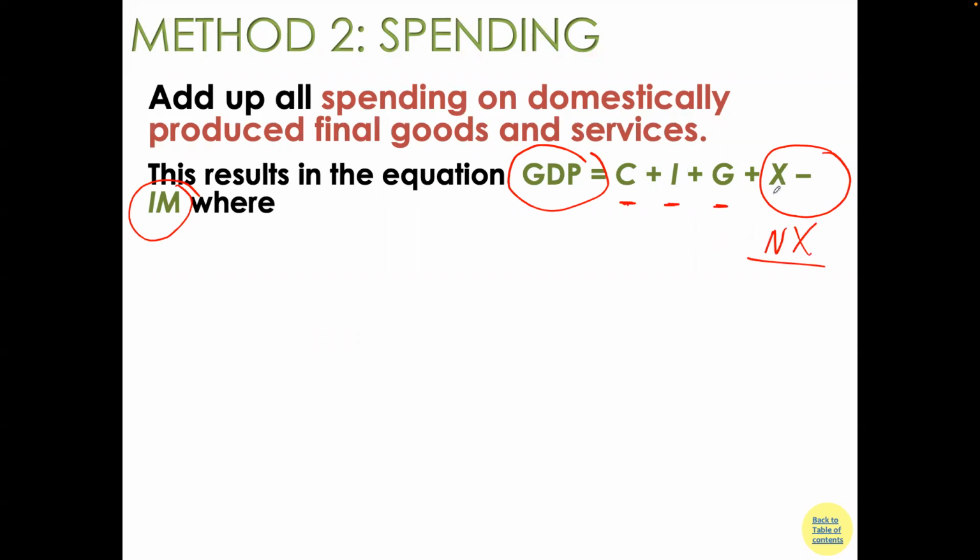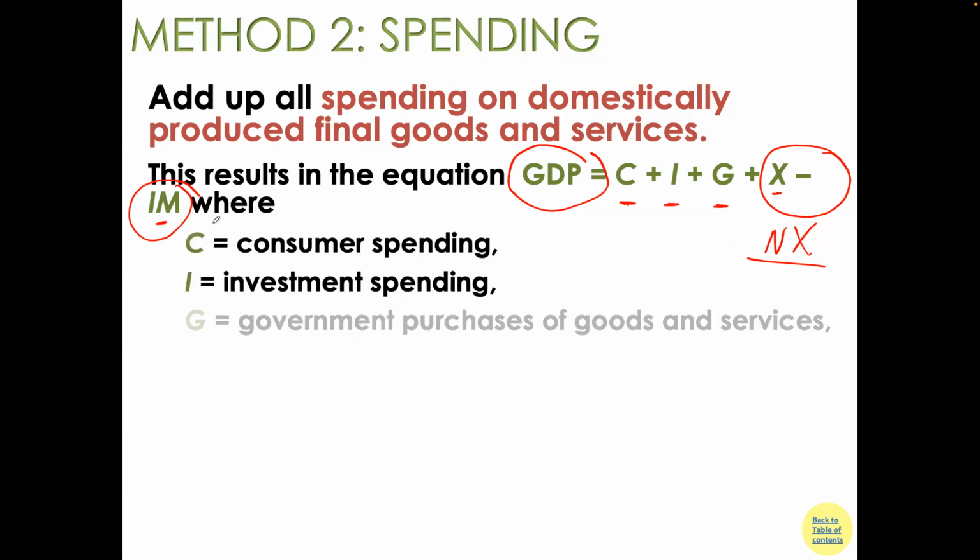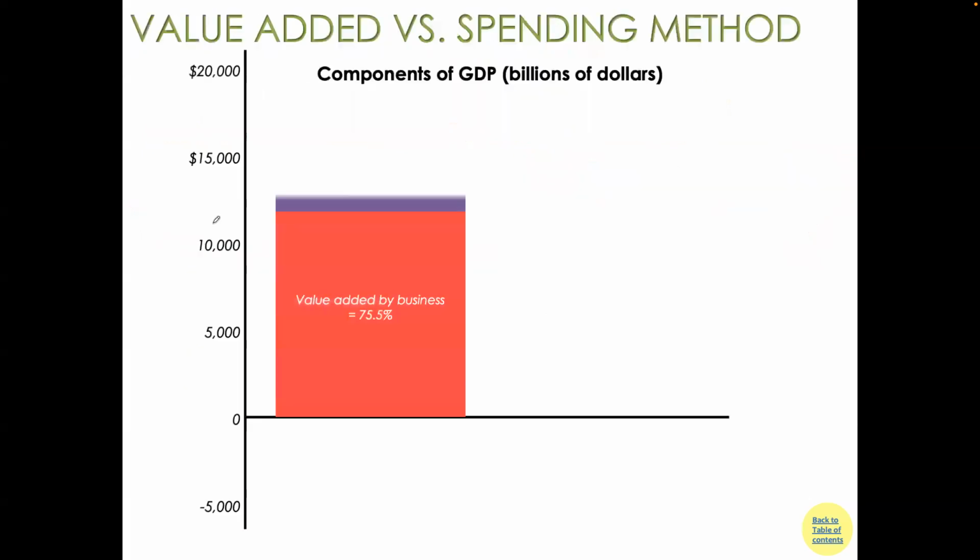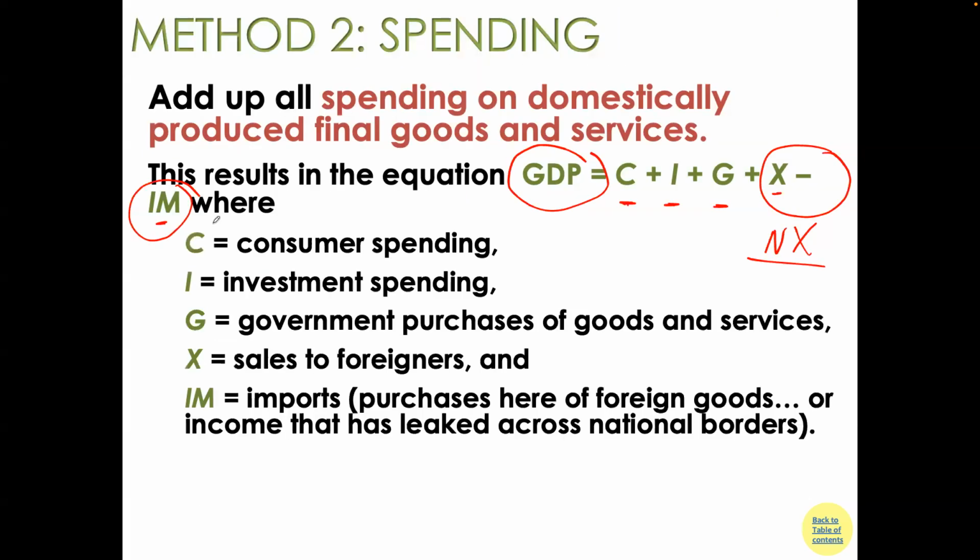X stands for export, IM stands for import. C is consumer spending. I is investment spending. G is government purchases of goods and services. X is export, and IM is import.